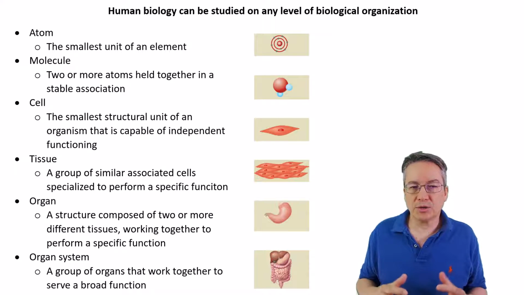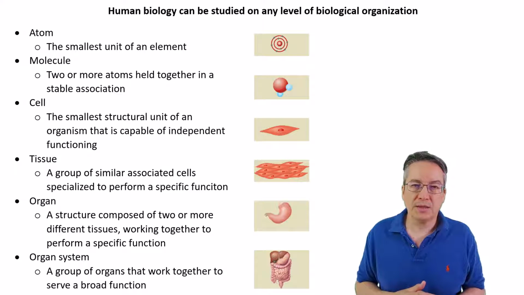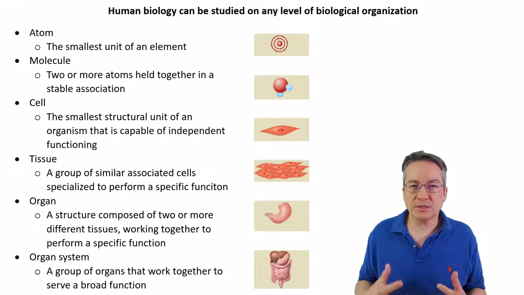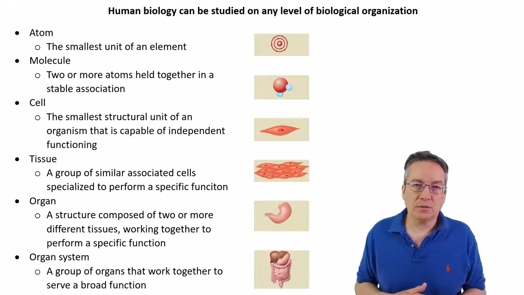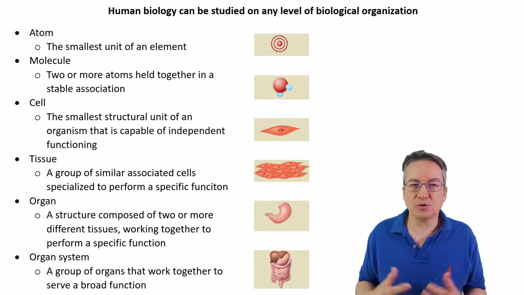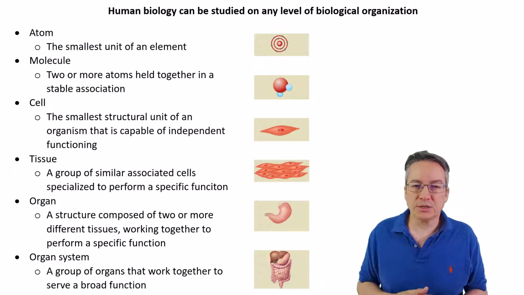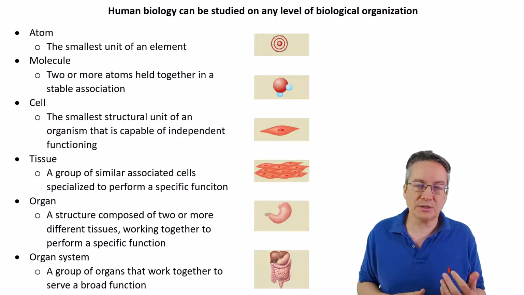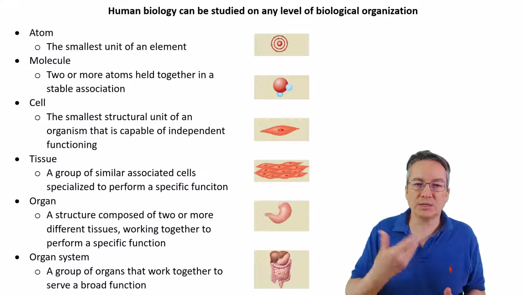The next level of organization is the organ system. An organ system occurs when you have a group of organs that work together to serve a broad function. So the gastrointestinal system, or GI system, is involved in digestion and absorption of nutrients. And so this includes the stomach, which we mentioned earlier. That's an organ. It includes the esophagus, which is the tube that takes the food from the mouth to the stomach.